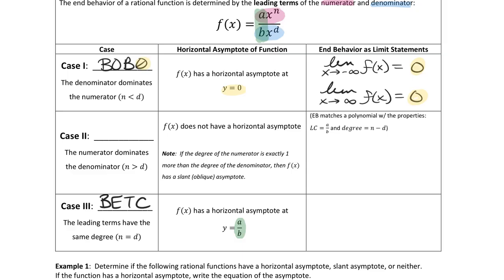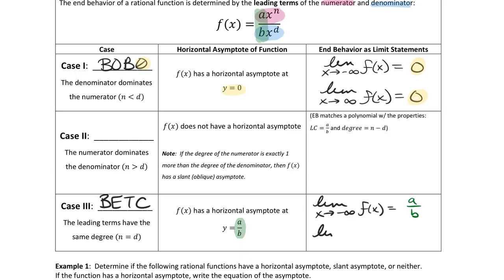But just like with the Bobo part, whatever number you get as the horizontal asymptote is the number we use in our limit statement to describe end behavior. So we'd say the limit as x approaches negative infinity for a function f of x would be that value a over b, whatever you got.